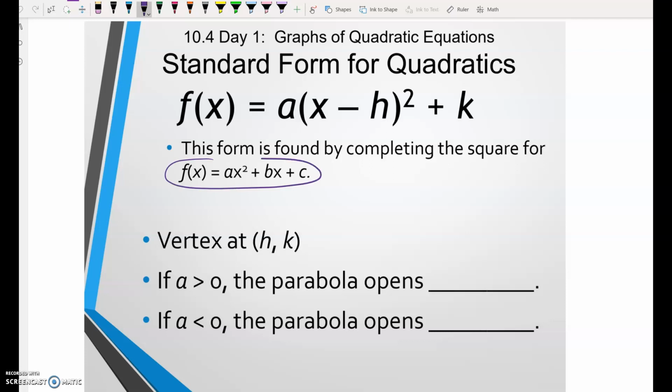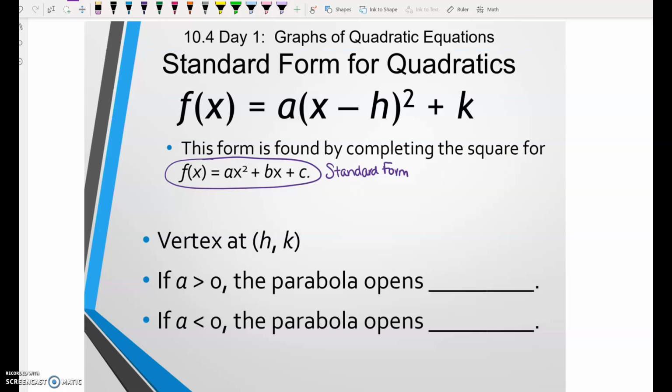This typically is referred to as standard form in all other classes. And this one is really called vertex form. But in your book, it's going to ask you to write things in standard form. So standard form, vertex form, basically same thing.